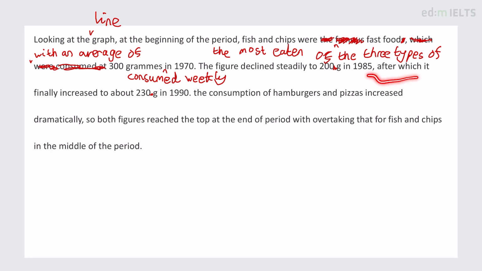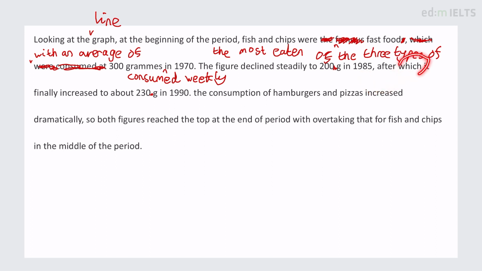So that's quite nice with the "after which." I recommended the use of that to the writer previously. When we're talking about times, we usually say "when." The figure declined steadily until 1985, when it stood at 200 grams. But we use "which" here because we're talking about that year, after that year.